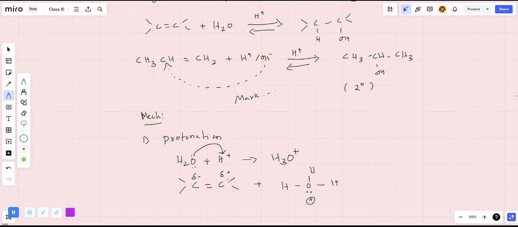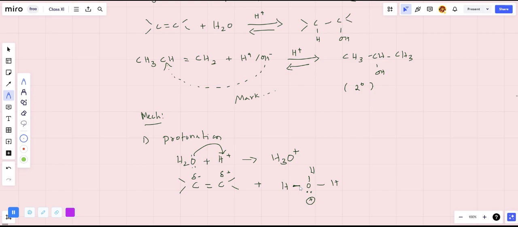It will give the two electrons to this hydrogen. The carbon that is more negative wants to give its electron to this hydrogen. Why? Because here the oxygen has a positive charge, and oxygen, being electronegative, will not be stable with a positive charge. So this bond will break.